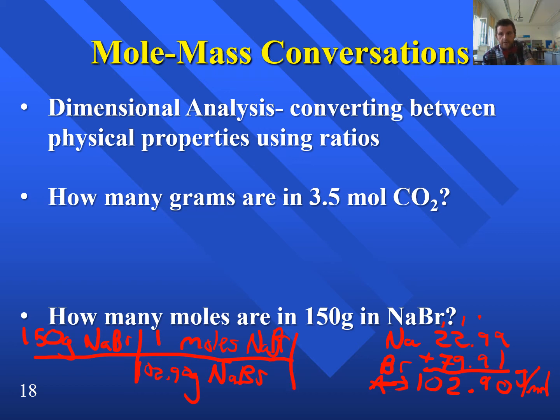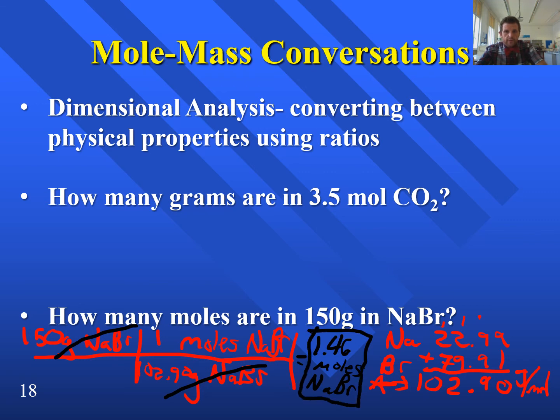I will cancel out my old unit, so I'm not using grams of NaBr anymore. And then I just need to put it in a calculator. I end up getting an answer of 1.46 moles NaBr. Make sure you give me all of this information. Tell me what the compound is, NaBr, and you also have to tell me the unit.